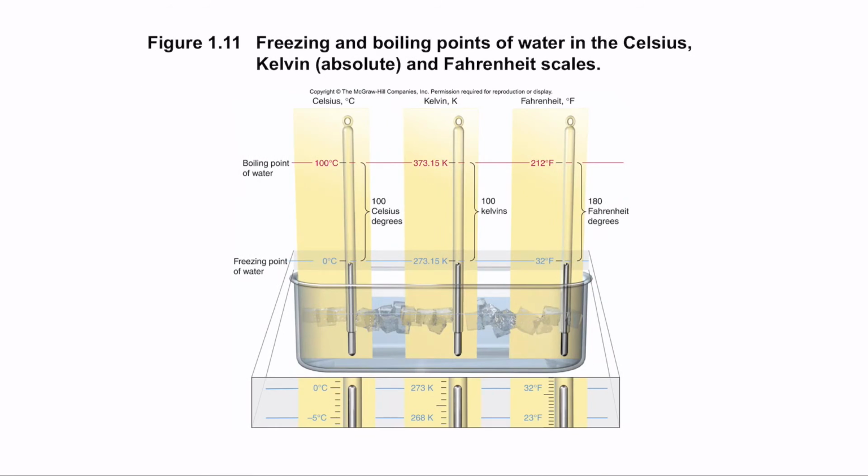Now let's talk about temperature scales. The freezing and boiling points of water in the Celsius, Kelvin and Fahrenheit scales are given in this diagram. Now if you take a general scale, you notice that the actual scale is graduated in different ways for different conditions, but the conditions that are commonly used are the freezing point of water and the boiling point of water.